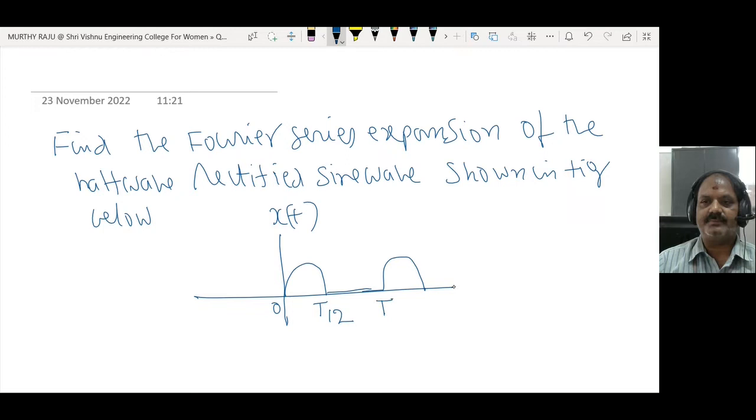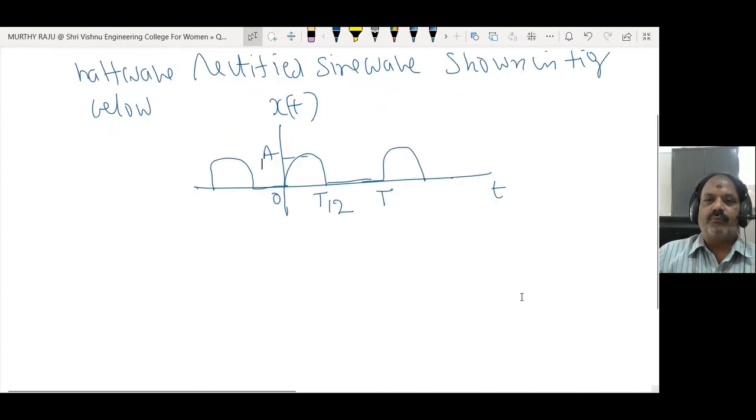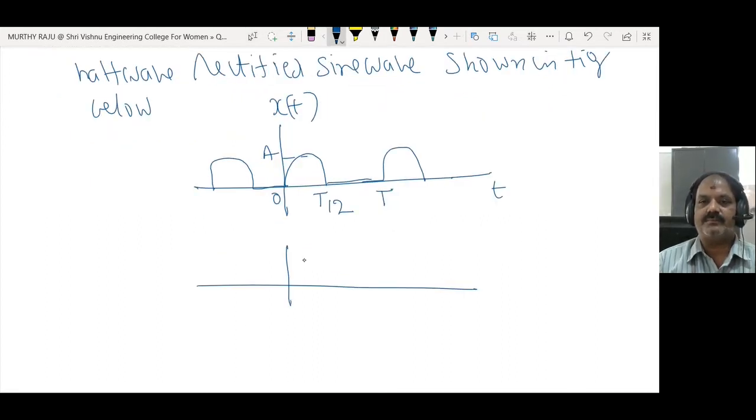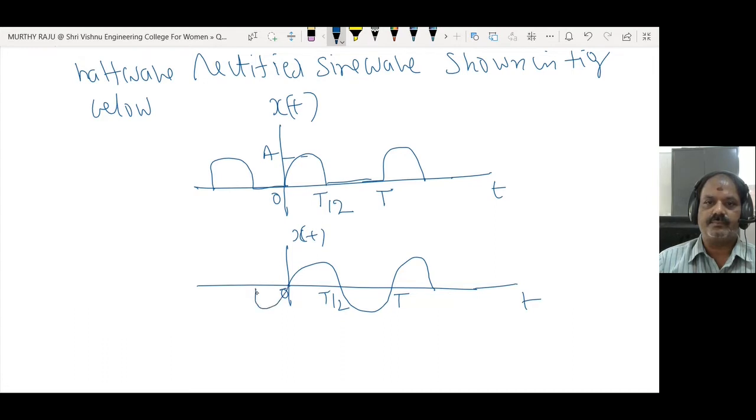This one is T. The amplitude of the sine wave is A. The original sine wave goes from 0 to T by 2, this one is T, and this one is minus T by 2.